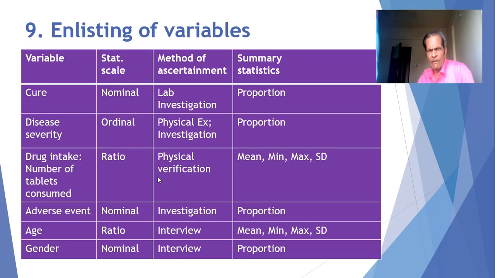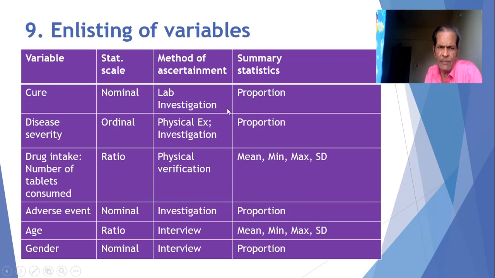This is an example of a record of the variables. The cure is the primary variable in this case. Suppose it is a nominal variable. It is ascertained by laboratory investigation, and the summary statistic for that is a proportion, that is, the proportion of persons cured and the proportion of persons not cured. Disease severity is an ordinal variable because there is a concept of mild, moderate and severe.